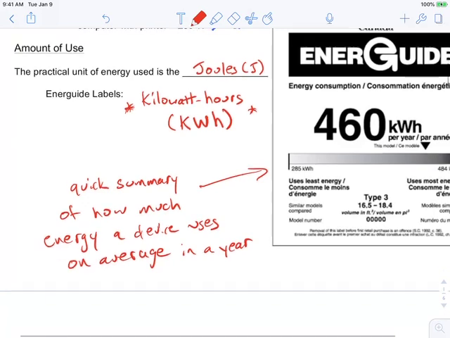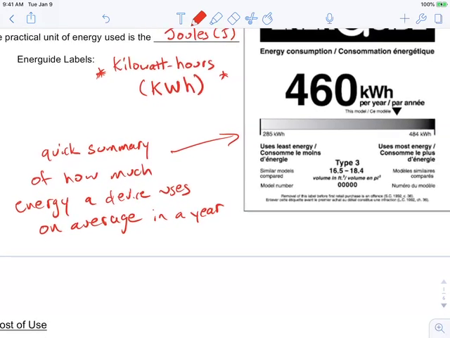This is a really good thing for consumers because when they take a look at this, they can see how much energy my fridge or my stove or my oven is using. So that's where you're going to find a lot of these things. So for example, your fridge or your stove or pretty much any large appliance is going to have this.